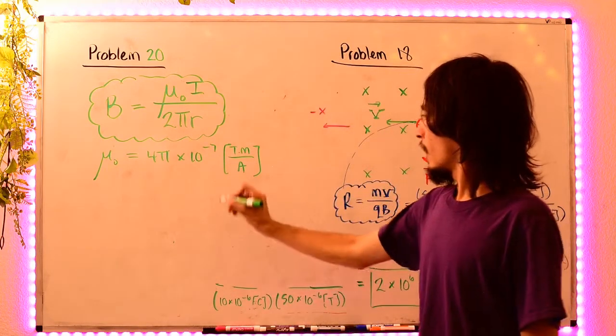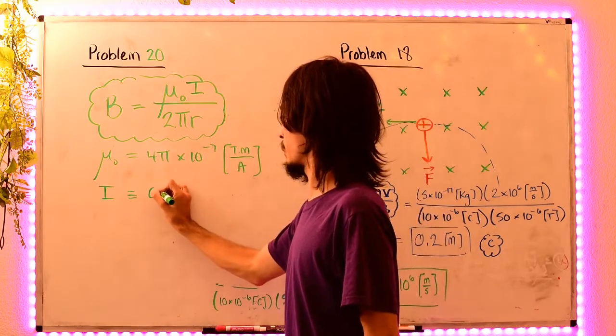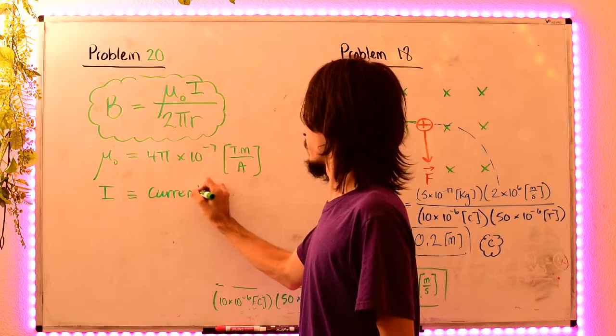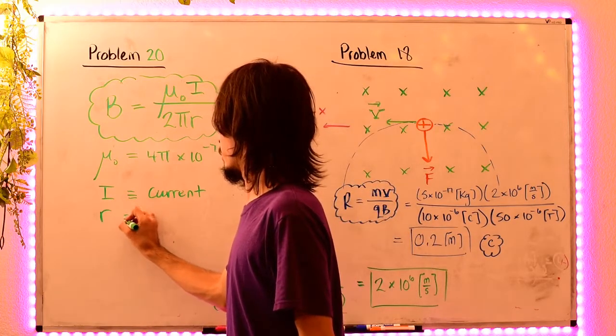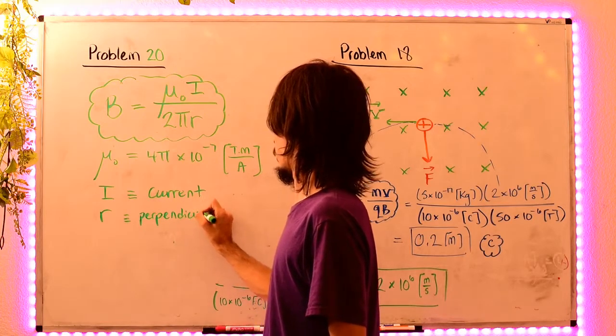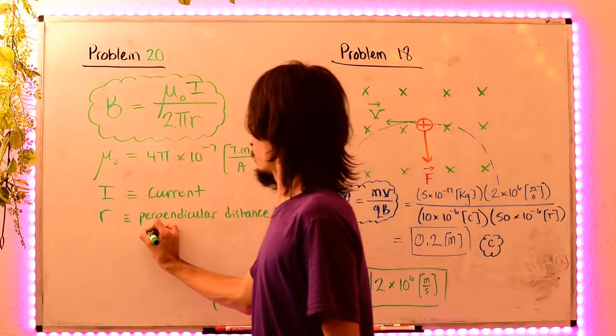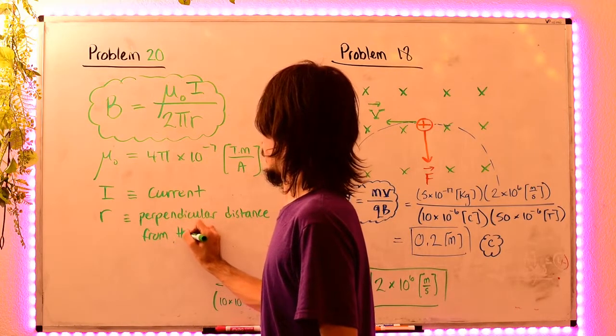Okay. I is defined as the current, and r is defined as the perpendicular distance from the current.